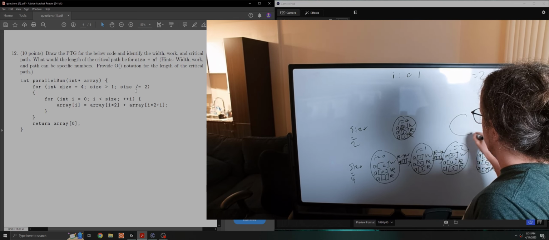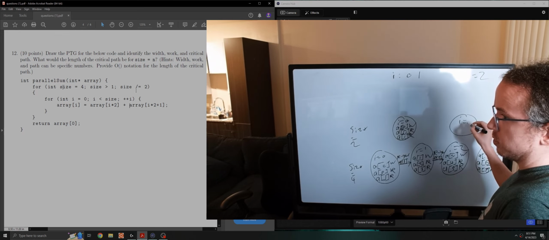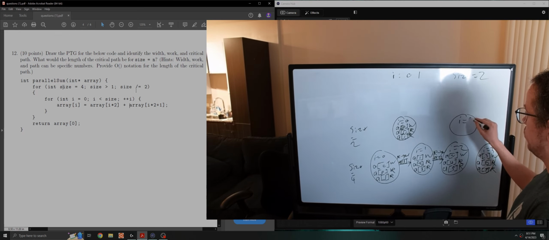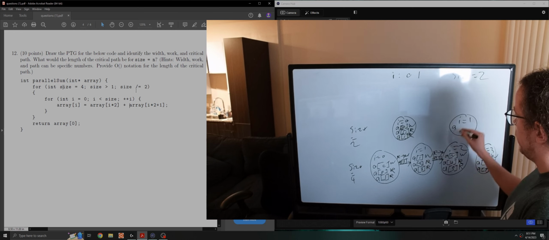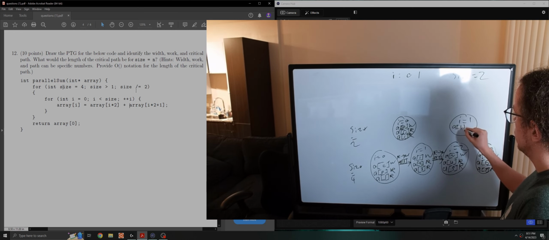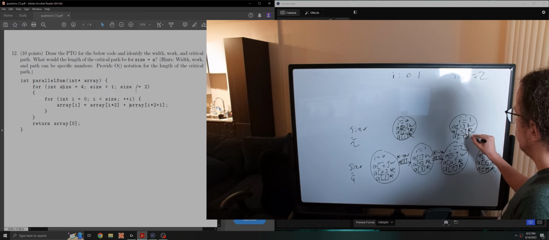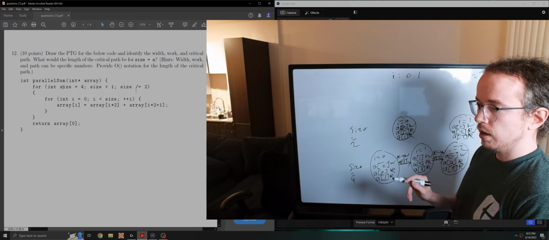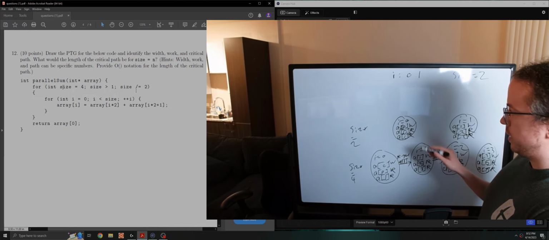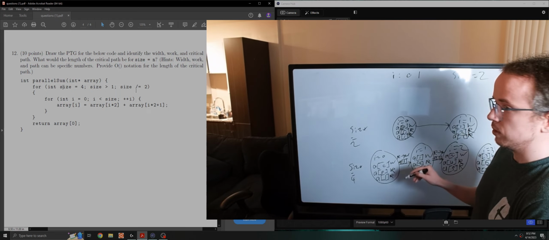Same thing over here. We do I equals 1, A1 write, A2 read, A3 read.